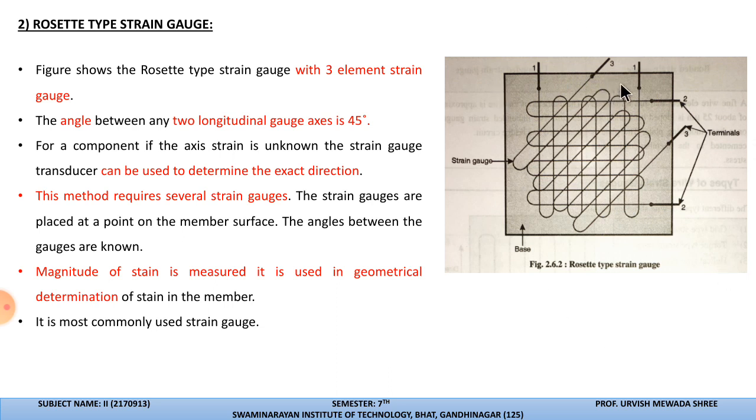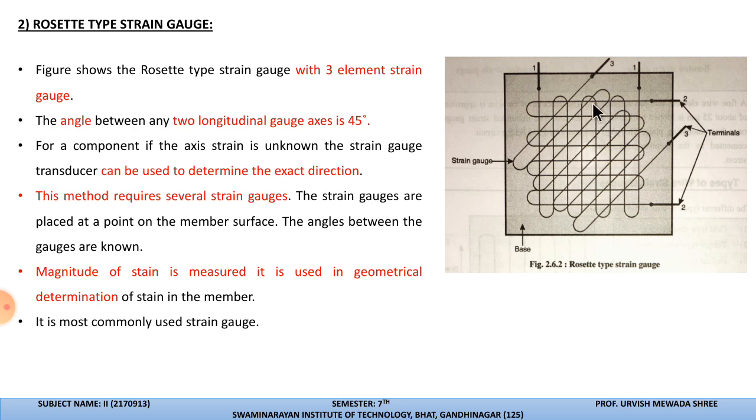Now, this method requires several strain gauges, because the strain gauges are placed at a point on a member surface, meaning this is the base on which we place this wire, and the angles between the gauges are known.